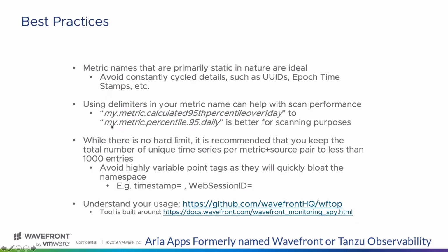The other thing to try and avoid, if you can, is having delimiters right at the start. Like if I had a wildcard here, like star.metric.percentile, the system kind of has to look at all of the metrics to see which start with or which end in the match that you have.